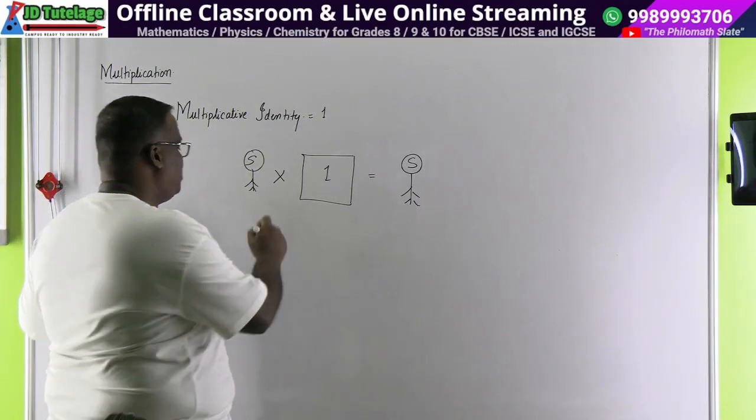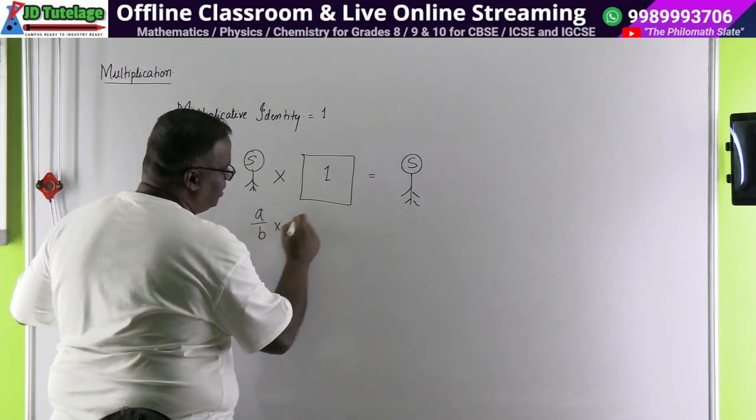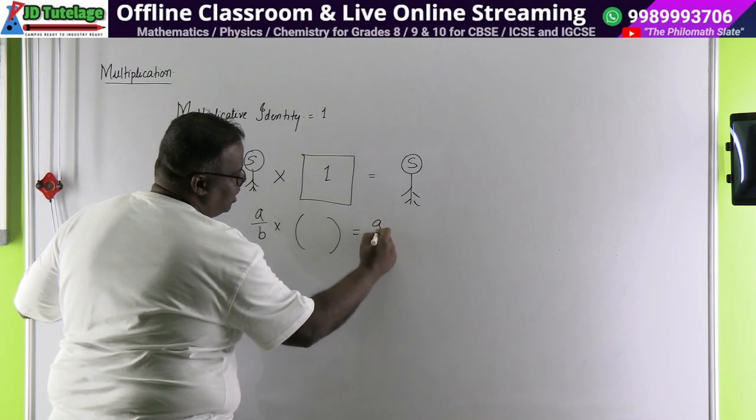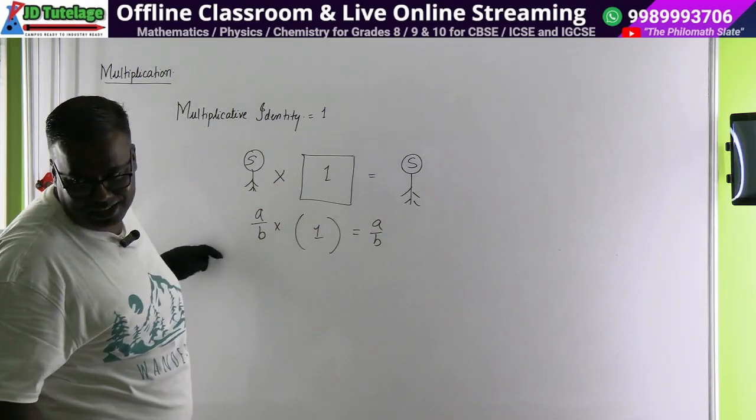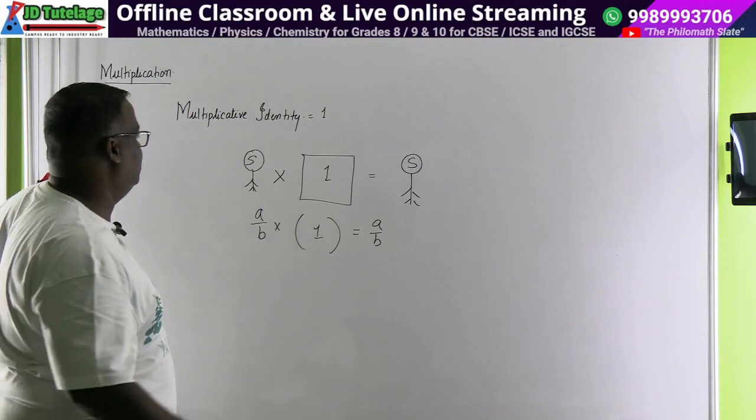Like in the number where you say A upon B being multiplied by something that gives you A upon B, so you multiply it by 1. समझ में आया? Very good.